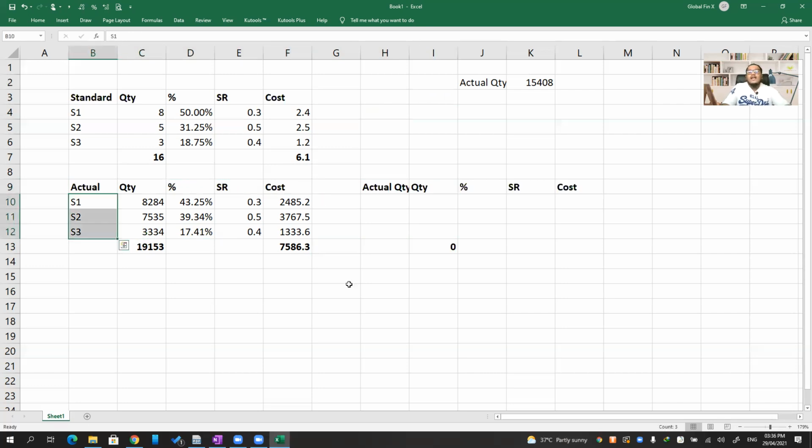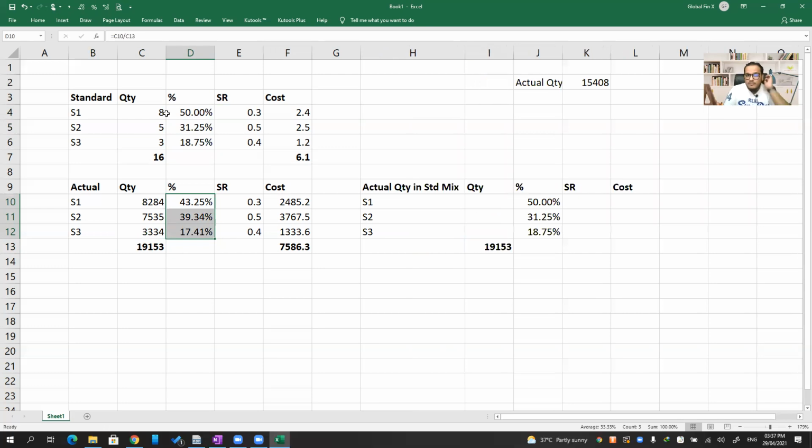Had I not changed the mix percentages, same 19,153 kgs of raw material, instead of using in this mix, if I had used the standard mix of 50, 31 and 18, what should have been the quantities that should have been used?